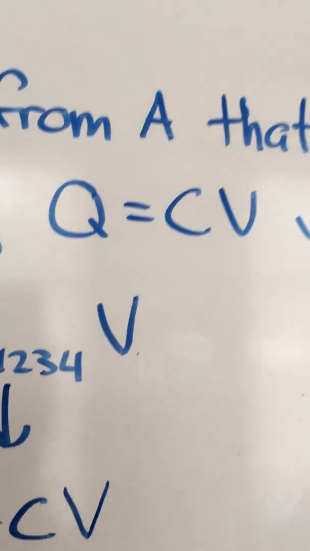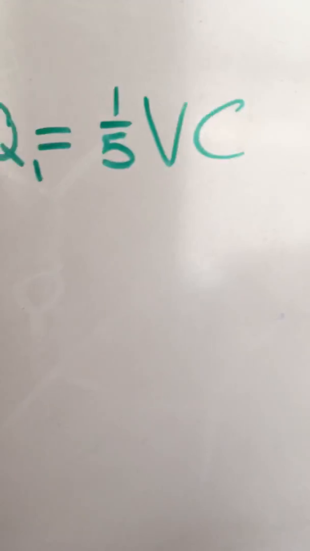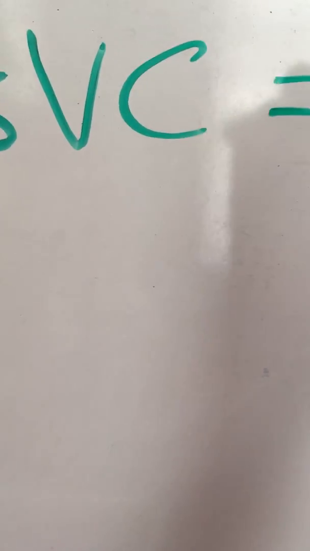So Q1 is going to be whatever V1 is, which is 1/5 V. So Q1 is equal to 1/5 V, and then because Q equals C times V, it's just going to be whatever this is, and then it's going to be times C. Now since V1 and V2 are equal, that means that Q1 and Q2 are equal, so this is also the answer for Q2.